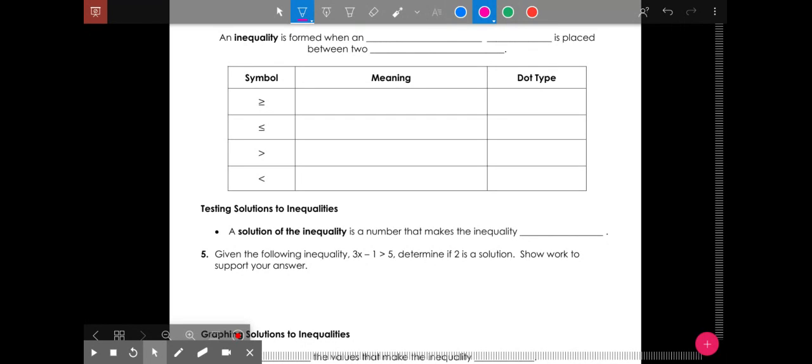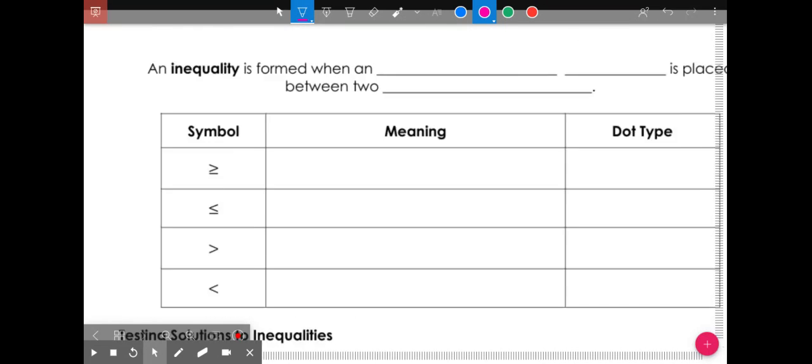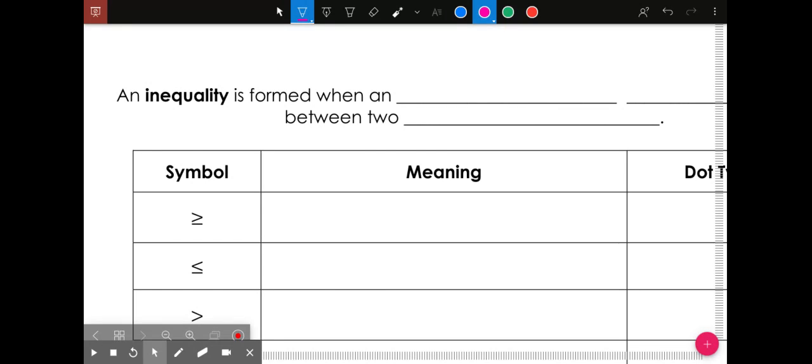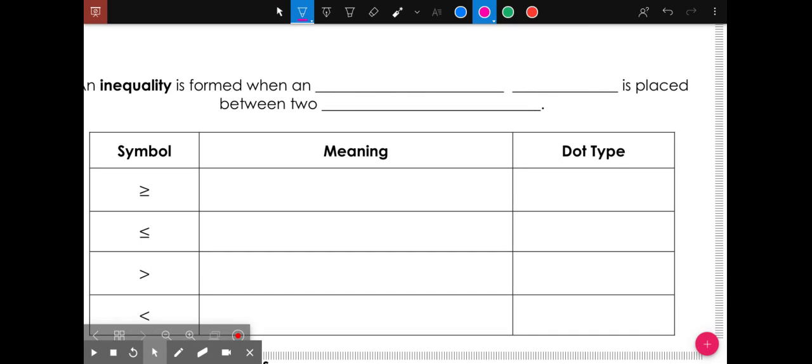Wasn't so bad. Okay, now we're going to do the same thing for inequalities. First of all, we can make an inequality when an inequality symbol is placed between two expressions.